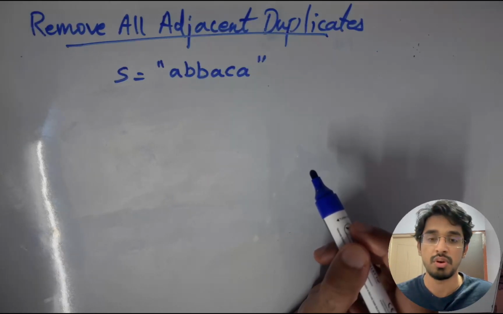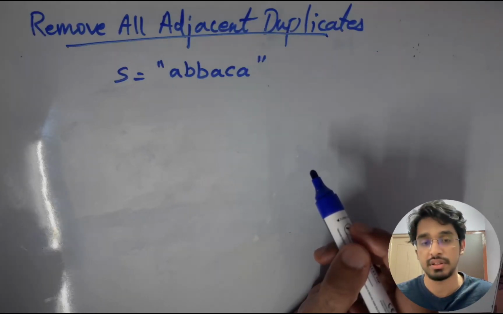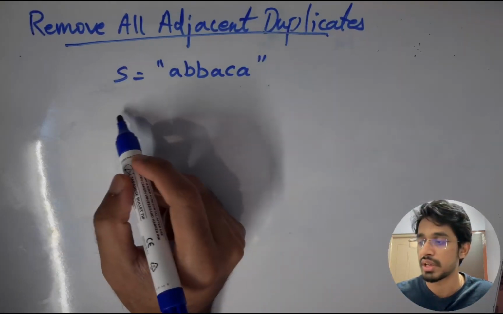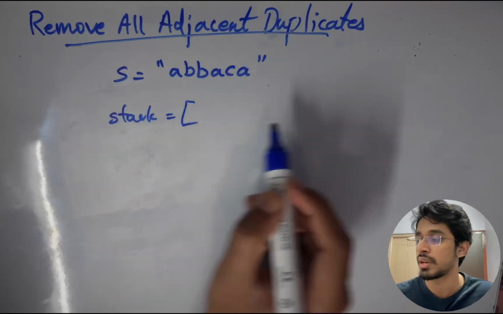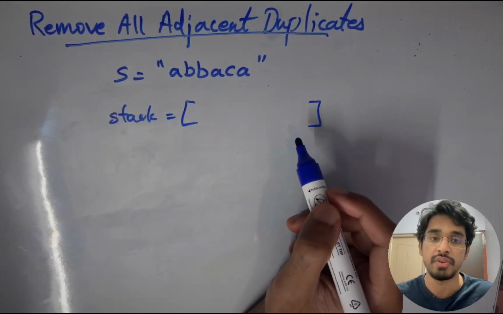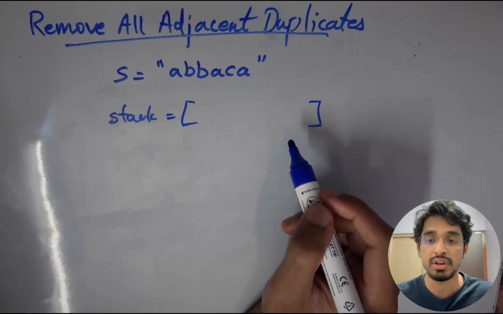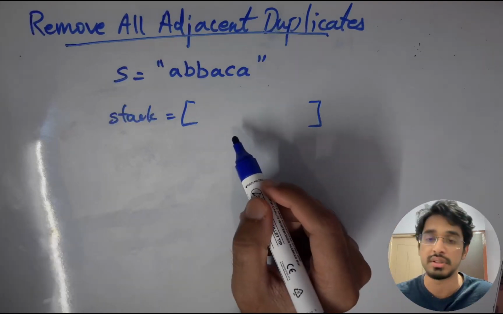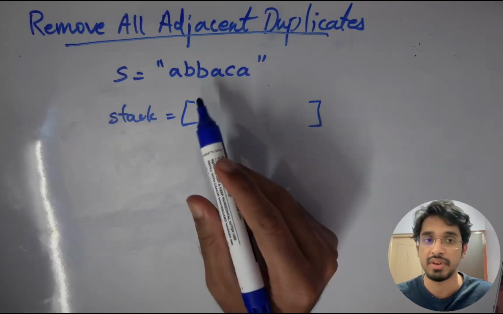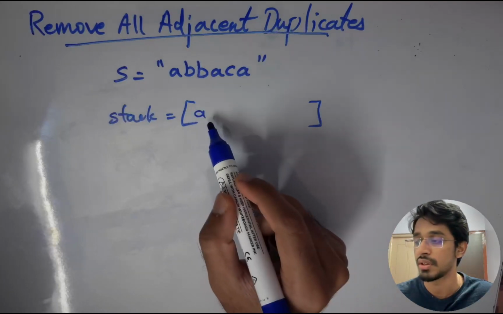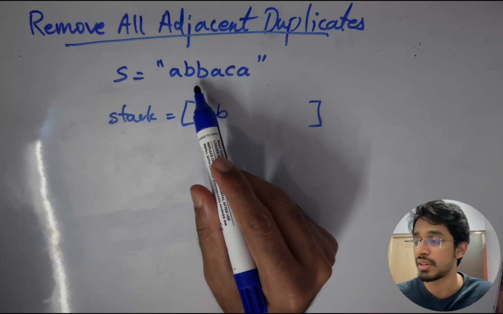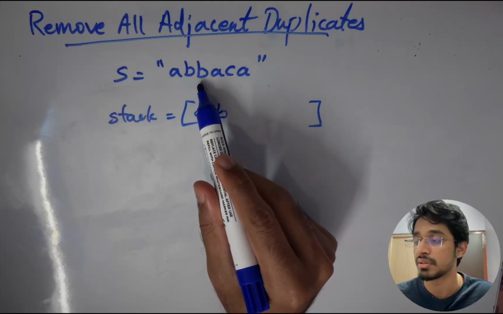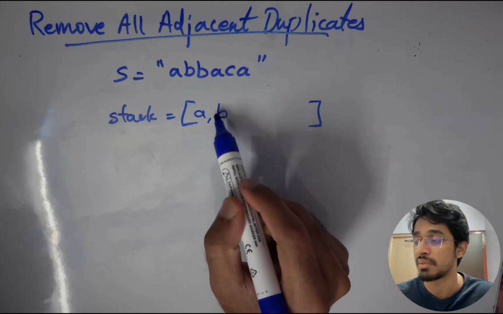In this problem, we can use a stack data structure to solve this. I can just create a stack over here and initialize this to an empty array. So we can just keep on adding elements as long as they are not repeating within the stack. You see that we add the element A first, and then we add the element B. So we add one by one unless we find that the next character, the B, is the last element within our stack.